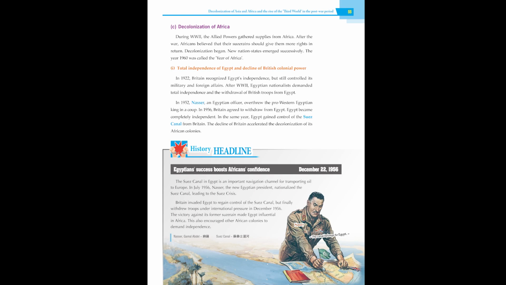In 1952, Nasser, an Egyptian officer, overthrew the pro-Western Egyptian king in a coup. In 1956, Britain agreed to withdraw from Egypt. Egypt became completely independent. In the same year, Egypt gained control of the Suez Canal from Britain. The decline of Britain accelerated the decolonization of its African colonies.